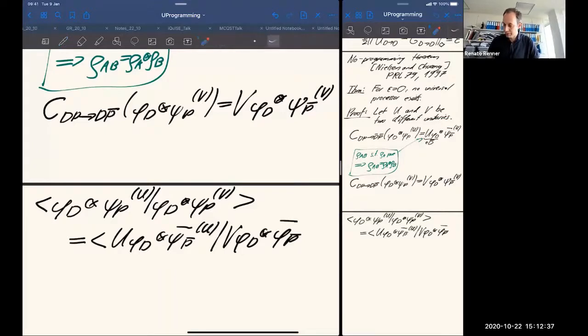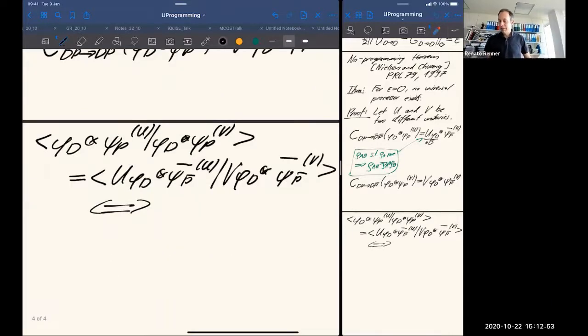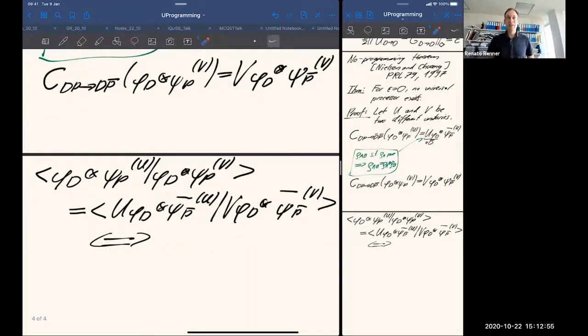So I just copy these two states on the right-hand side and put them into the scalar product. That's all. Okay. Now I have an equality, and now I transform this equality a bit. So, I mean, this will not be more technical than now. So if you could follow until now, I think we can just proceed to the end.